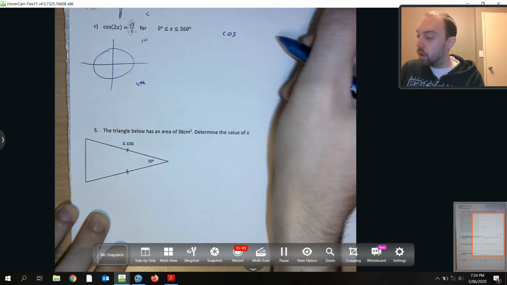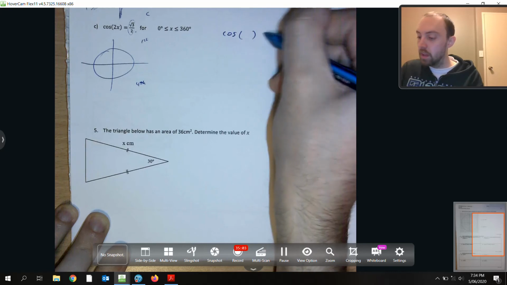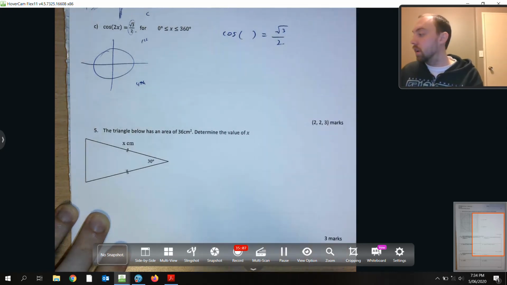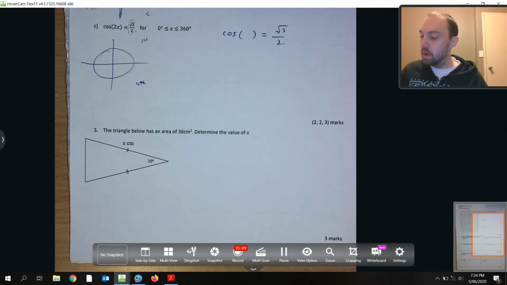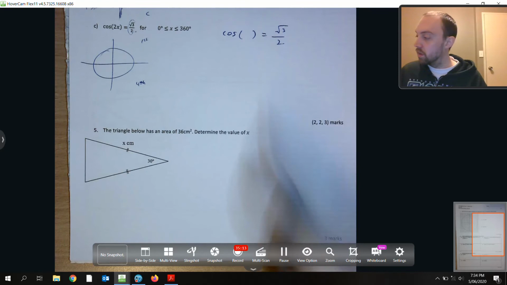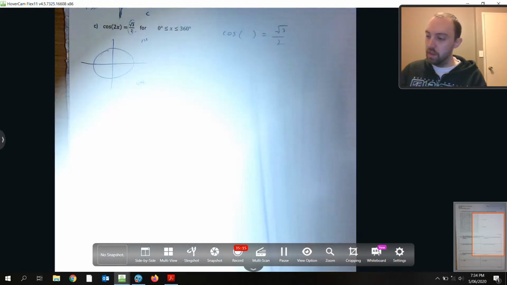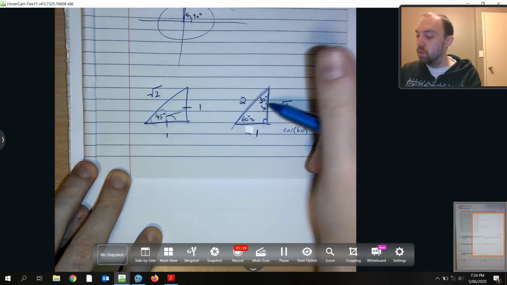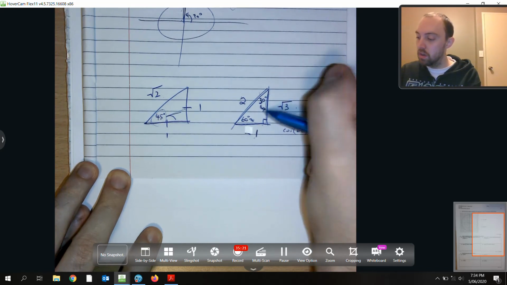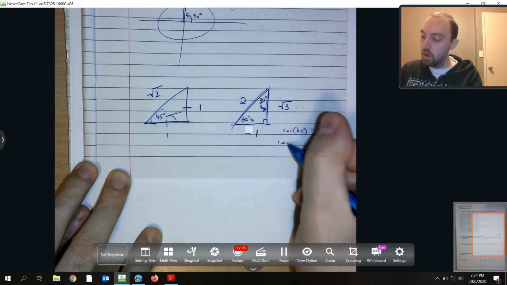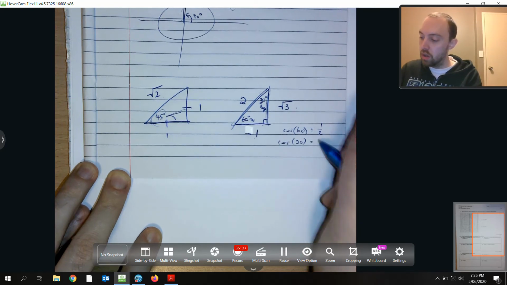Cos of what angle is root 3 on 2? That's what I need to think about first. Go through your exact values, use your fingers, use your triangles. Where am I getting root 3 on 2 from when I'm using cos? Adjacent over hypotenuse. Cos of 30 is root 3 on 2.